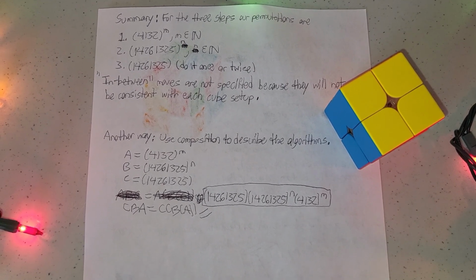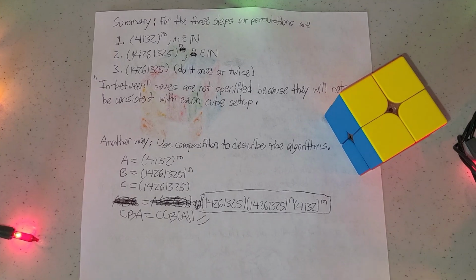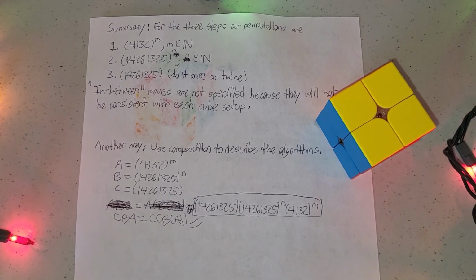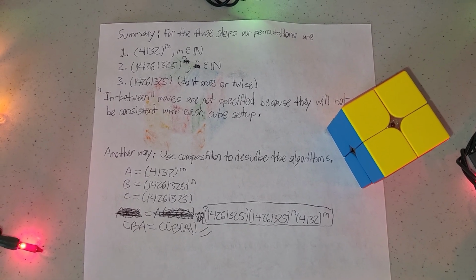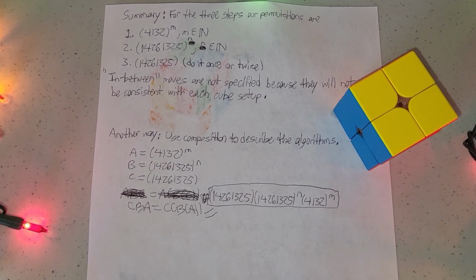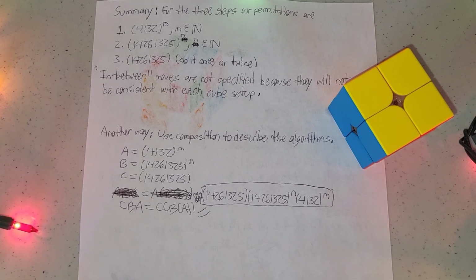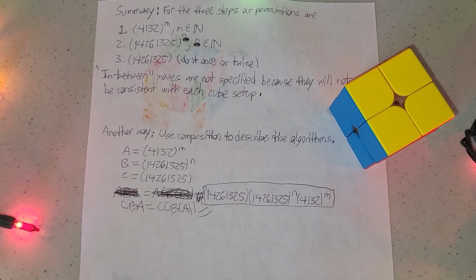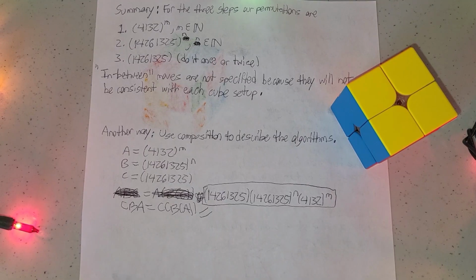And then for the third step, we did the same permutation. However, for our cube, we only had to do it once, but sometimes you may have to do it twice. It depends on the steps you took to orient your yellow face on your yellow corner on the bottom.